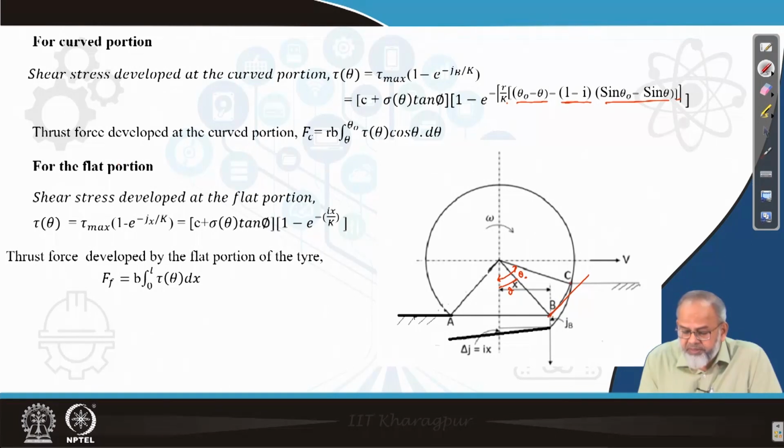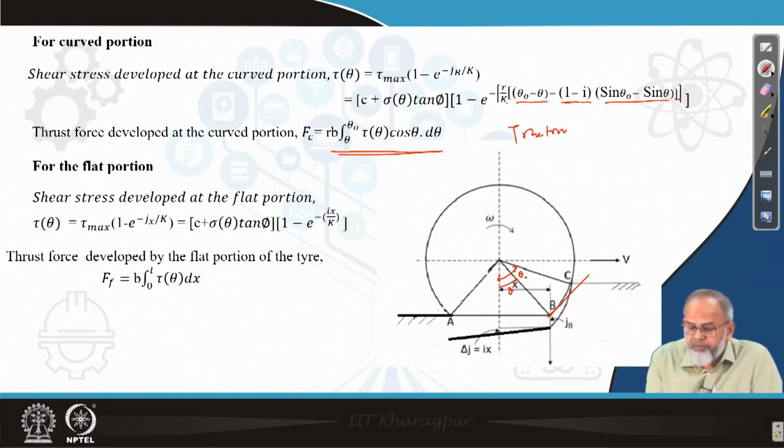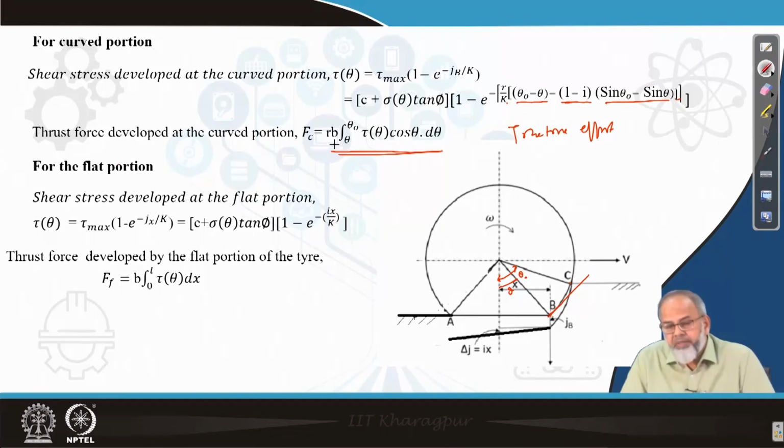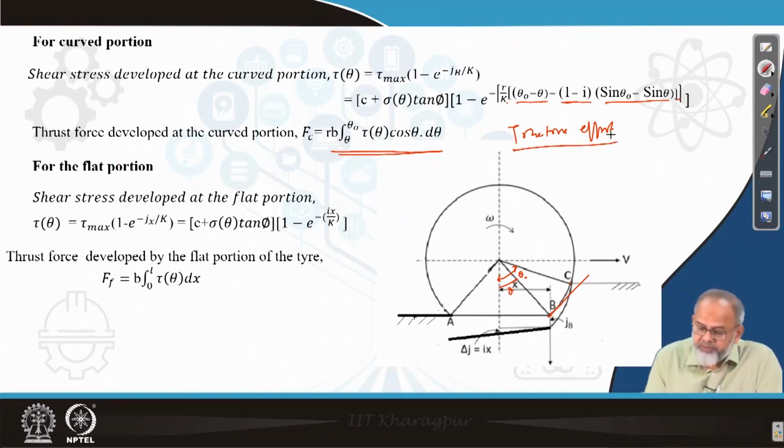So that will give you the value of shear force, and the cosine component of that will be taken to find out the tractive effort. So tractive effort will be the integral of r b tau theta cos theta d theta. So this has to be integrated from theta to theta 0. So that will finally give you the tractive effort.